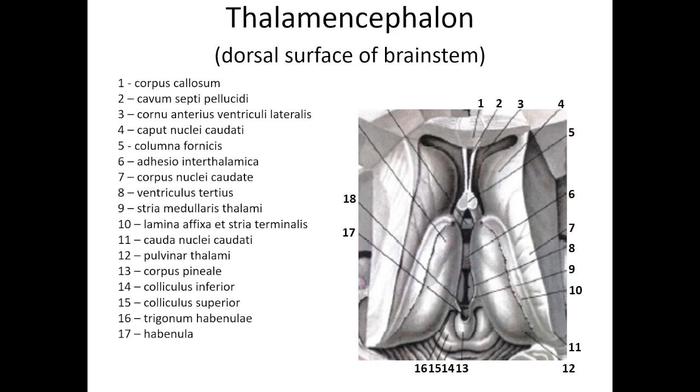And number 18, commissura habenularum, which connects habenula from left and right sides. Number 19, tuberculum anterius thalami. And lastly number 20, commissura fornicis.